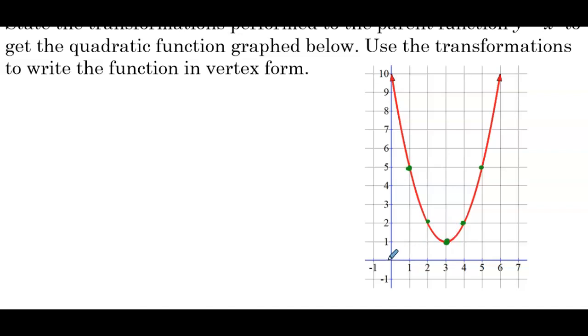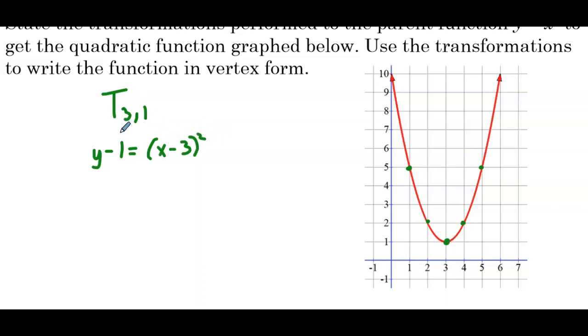So how was the vertex at the origin translated to be the vertex at 3, 1? So it was moved right 3 and up 1, which is a translation of 3, 1. Applying this translation to the parent function, y equals x squared, we get y minus 1 equals x minus 3 squared.